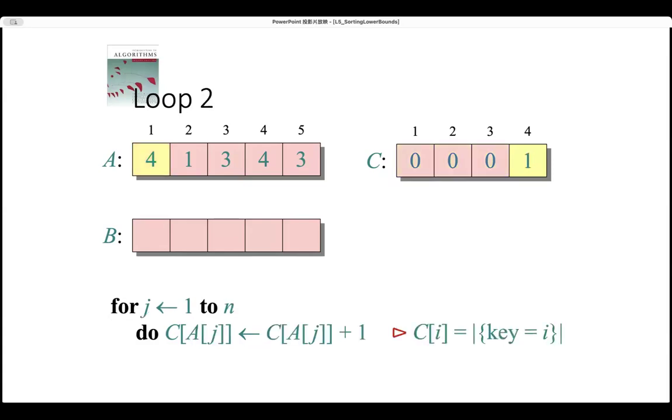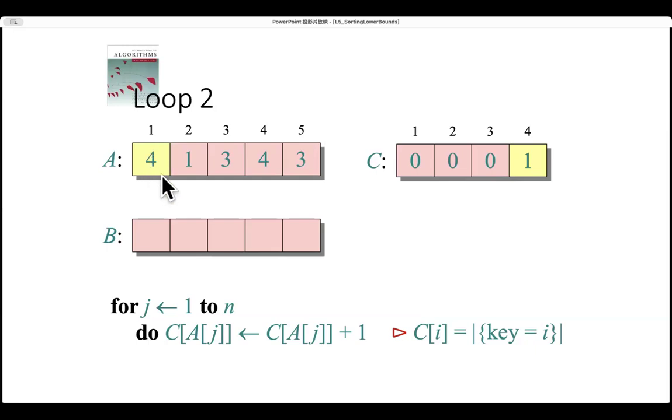And then we do the second loop. Because this loop runs from index 1 to index n, we start from index 1 to index n in array A. The first element we encountered is A[1].